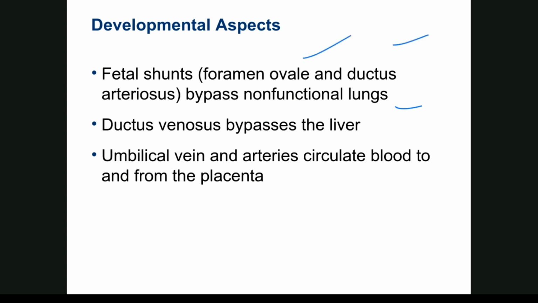Foramen ovale and ductus arteriosus are two examples. Foramen ovale is a little hole in the atria. Ductus arteriosus is the bypass from the pulmonary trunk to the aorta. Ductus venosus is a bypass around the liver, and then the umbilical vein and arteries circulate blood to and from the placenta.